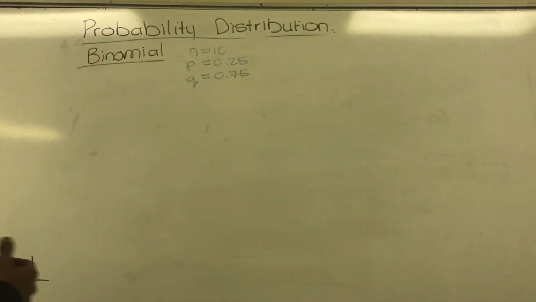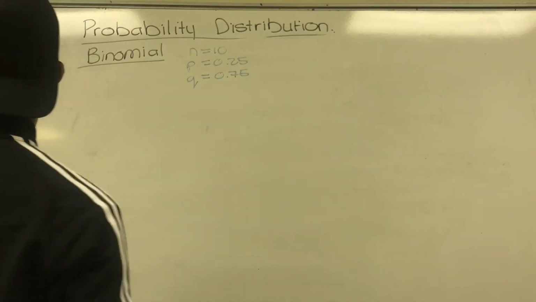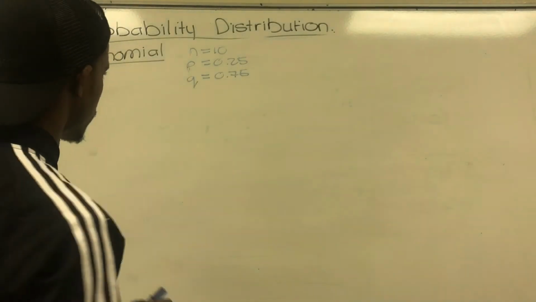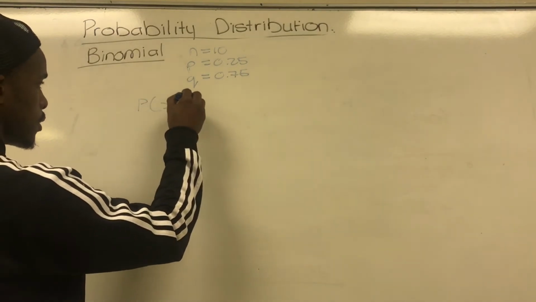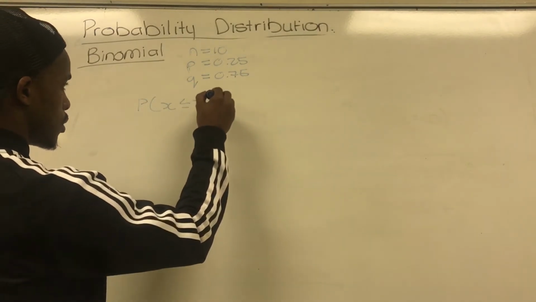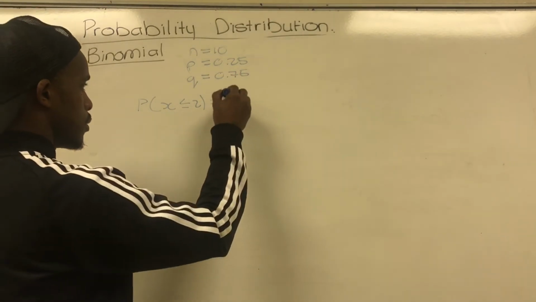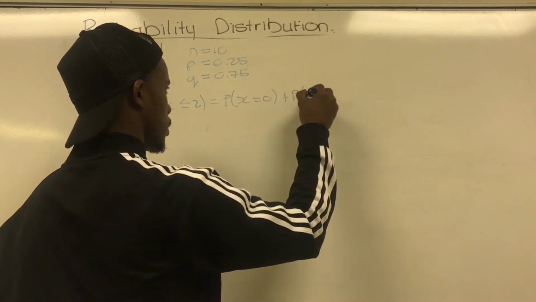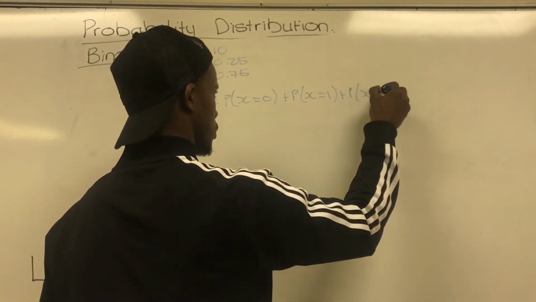Okay. Now we're looking for where x is less than or equal to 2, which is the at most case. So the probability where x is less than or equal to 2. These include 3 possibilities: the probability where x equals 0, plus the probability where x equals 1, plus the probability where x equals 2.